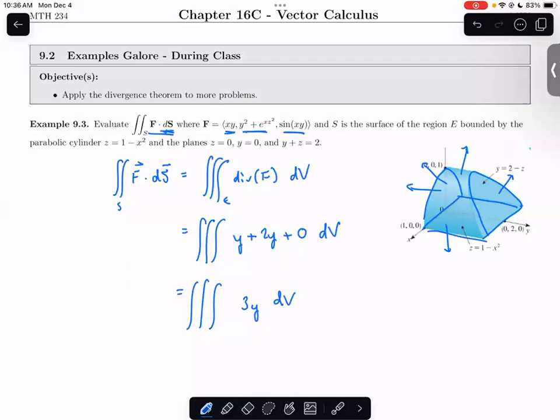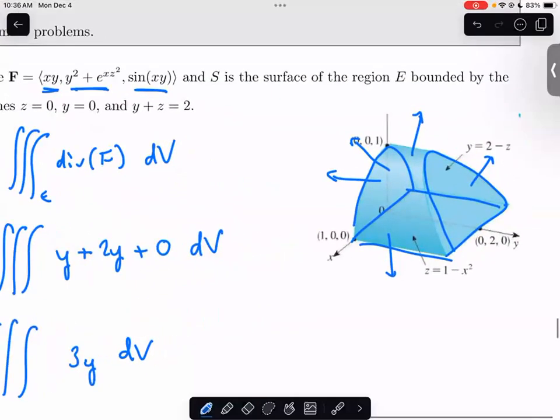Okay, well, let's evaluate this one out, just like we did back in chapter 15, right? I need to evaluate this triple integral. I need to decide, am I going to integrate with respect to z first, or y first, or x first? Or should I switch this into cylindrical or spherical? There were these 5 different ways that we could evaluate triple integrals.